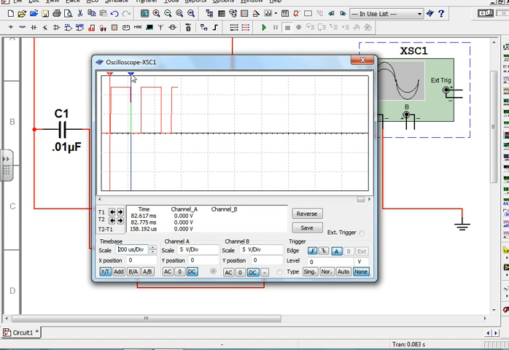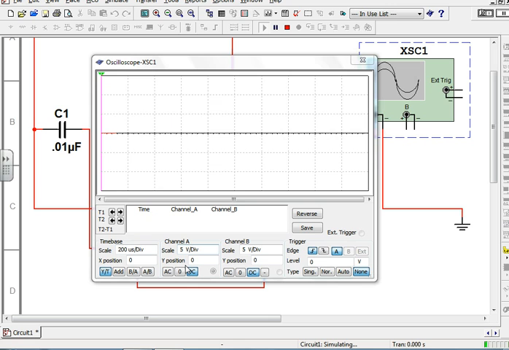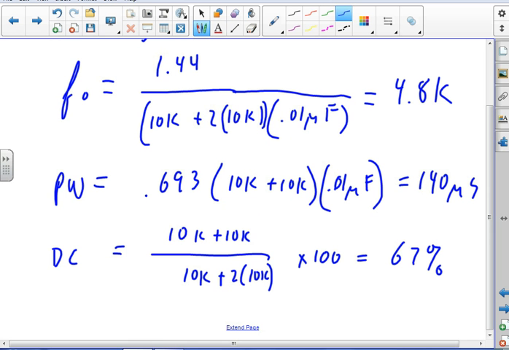What was my pulse width supposed to be? 140, and if I go to there and to here, that's close enough. So it looks like we're okay, and that's good enough. All right, back to doing the last problem so we can go home. Anybody for that?